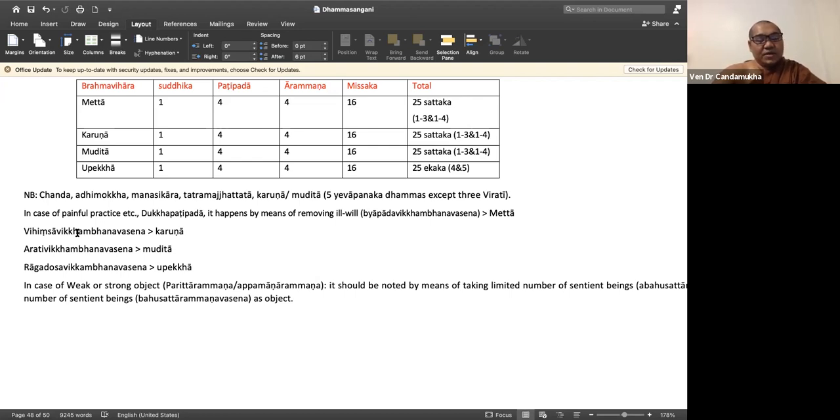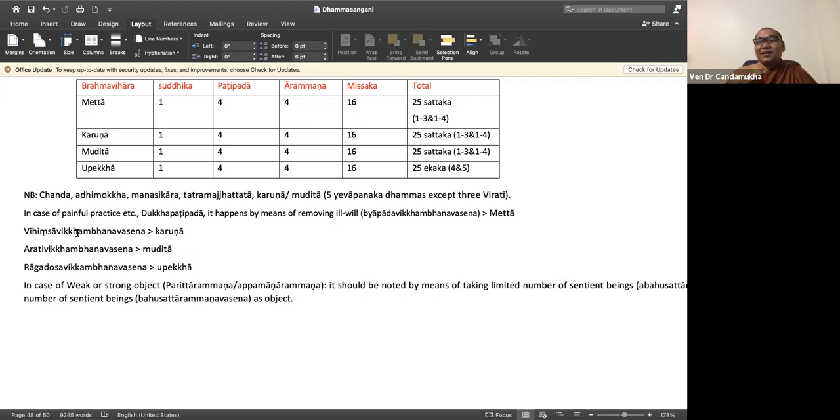Whatever people, beings or animals we see, we usually see with raga, or sometimes when we don't like it, we look with dosa. Raga dosa vikambana. It becomes difficult for us to remain with Upekkha.